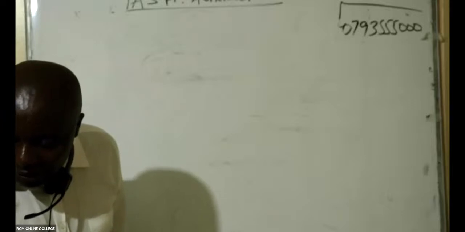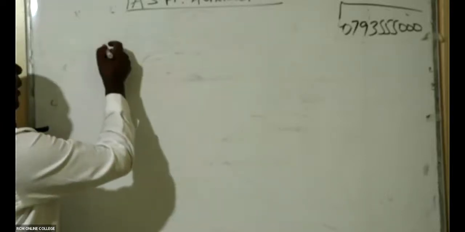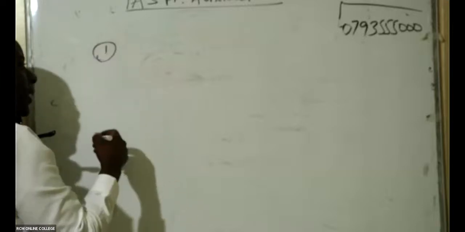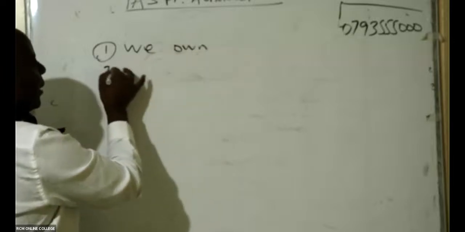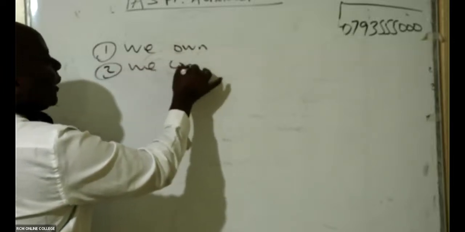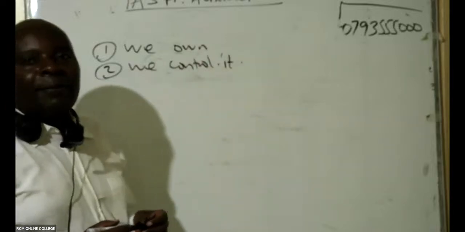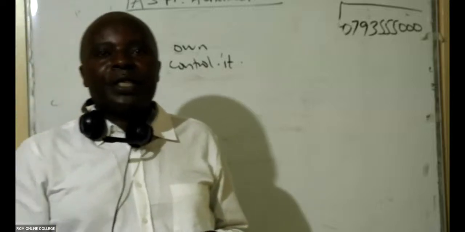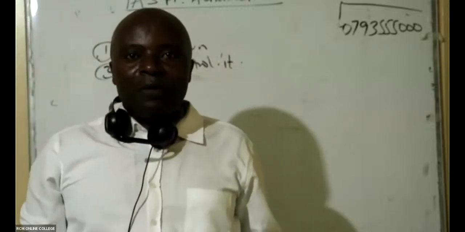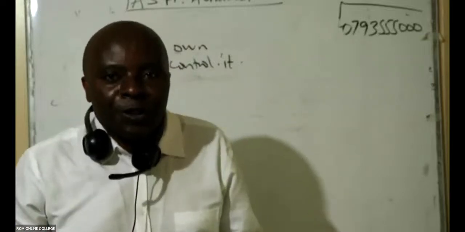Number one, the company must be owning. I can only account for a biological asset if I own it. Number two, we control it. Remember, when you lease an asset out, then you've lost what we call the right of use.